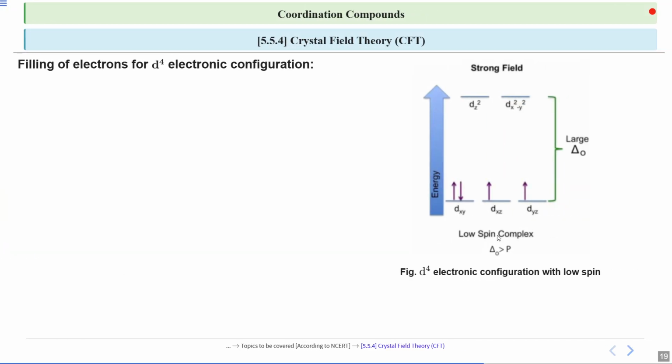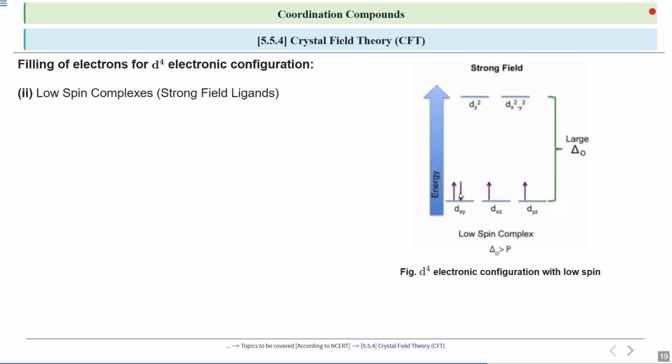Let's take another case of electron filling for the D4 configuration, which involves low spin complex formation, that is, strong field ligands present. This diagram shows the D4 configuration with low spin. Low spin means there will be larger crystal field splitting, that is, delta naught will be larger than the pairing energy.